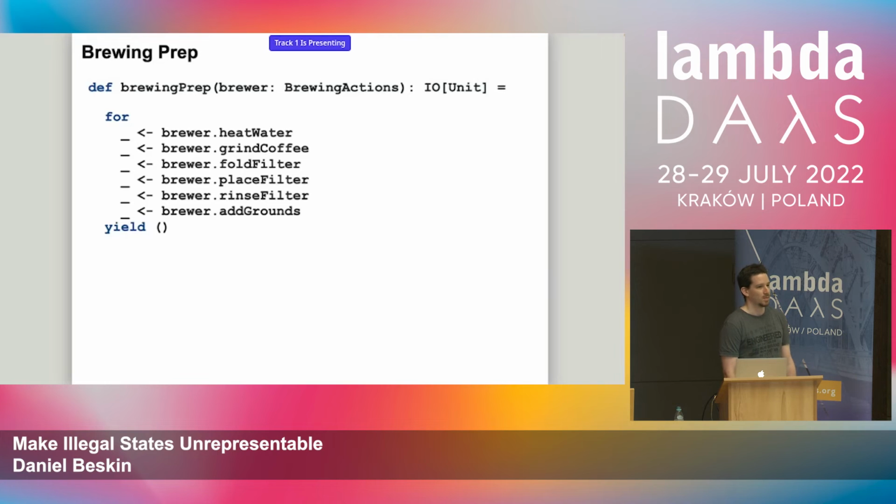So the reputation of the robots depends on it, and we just messed up a good cup of coffee. But more seriously, this code is very, very open to potential bugs, that is, illegal states. You can forget an action just like I did right now with filter inserting. You can mix up the order. You can duplicate actions. Everything can happen here.